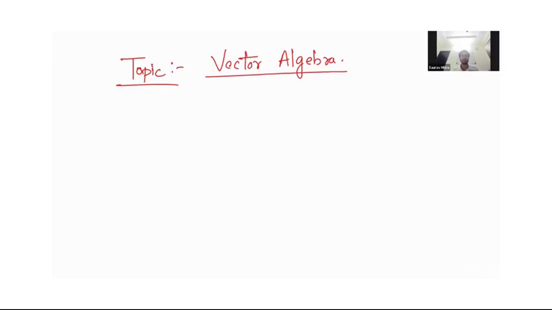The topic for today's session is vector algebra. In this we will discuss the basic definition of vectors. So what are vectors? Let us first clear this term. A vector representation looks like this. It is in arrow form, where this portion represents the magnitude, or you can say the length.